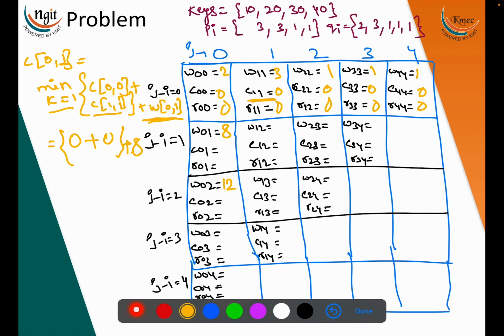These values we just got from the previous slide. You just remember those values so that it will be easier for you to understand. So 0 plus 0, 0 is the minimum, and 8. So finally the cost of 01 is what? 8. Right here, cost of 01 is 8.